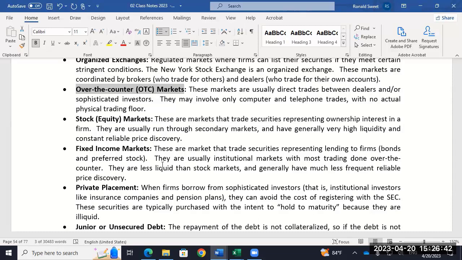Now, USAA, when I was there, we did a lot of over-the-counter trades. It's pretty common for large sophisticated investors. USAA was buying bonds in $500 million blocks. When you're spending $500 million, you're going to deal a lot differently than when you're spending $5,000. It's a very different world, and bond markets are like that.